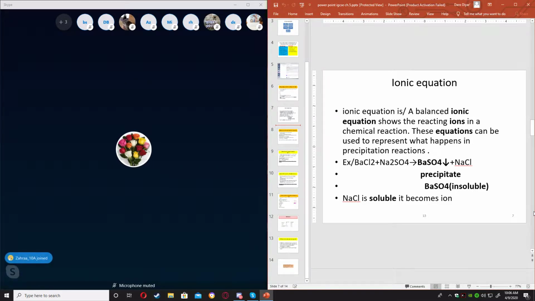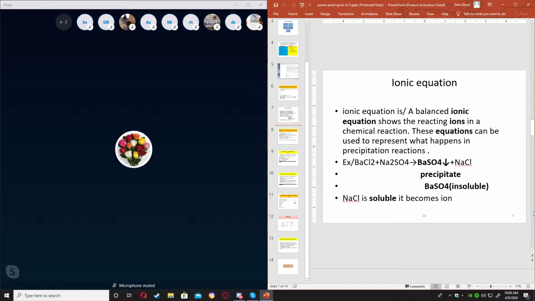Very good. So ionic equation is a balanced ion equation that shows the reaction of ions in a chemical reaction, and this equation can be used to represent what happened in a precipitation reaction. Please look at this equation.